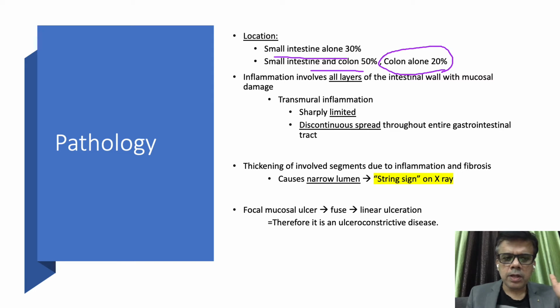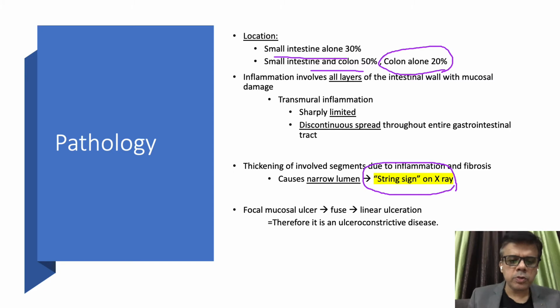That means there are skip lesions, and thickening of the involved segment occurs due to inflammation and resultant fibrosis. Radiologically, we get a characteristic narrow lumen, the string sign. Focal mucosal ulcers or aphthous ulcers occur, which usually fuse to form linear or serpentine ulceration.